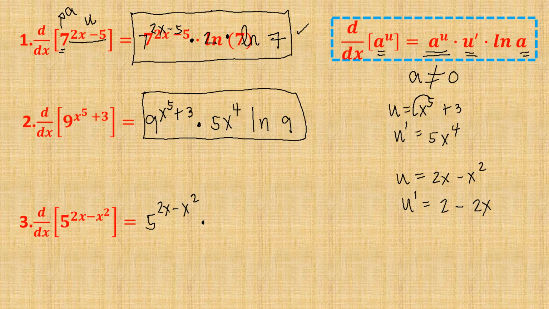So this is our u prime. As we have in the formula, we have to multiply 2 minus 2x times the ln of 5.